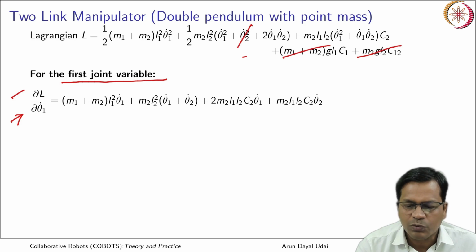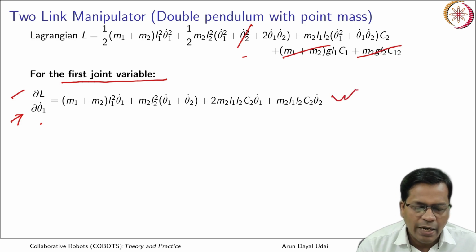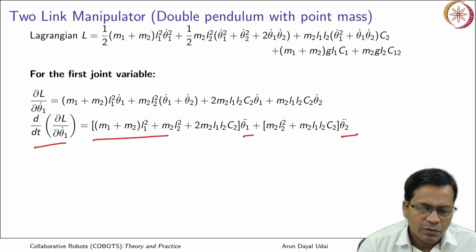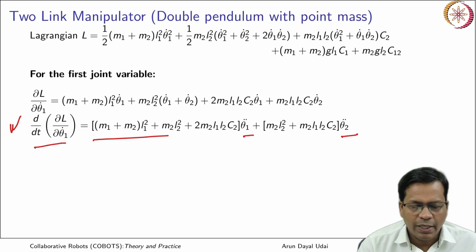Only the terms which have theta 1 dot will remain, and taking the partial derivative I get this. Now with the time derivative this becomes this. So again all the terms which have theta 1 dot will go to theta 1 double dot. Taking common it leads to this. Okay. So this is the first term of the Lagrange-Euler expression.